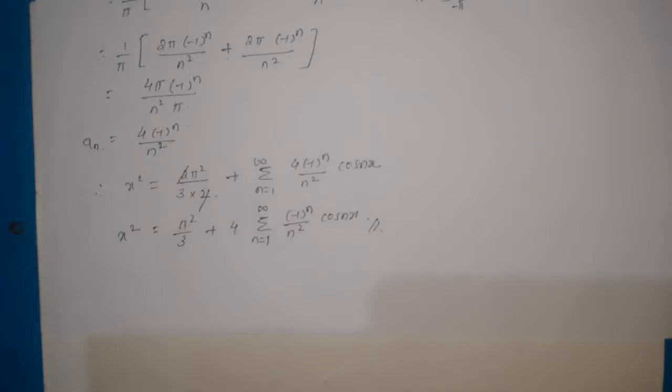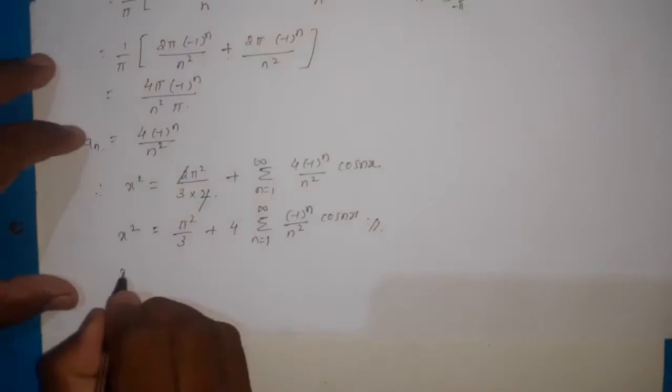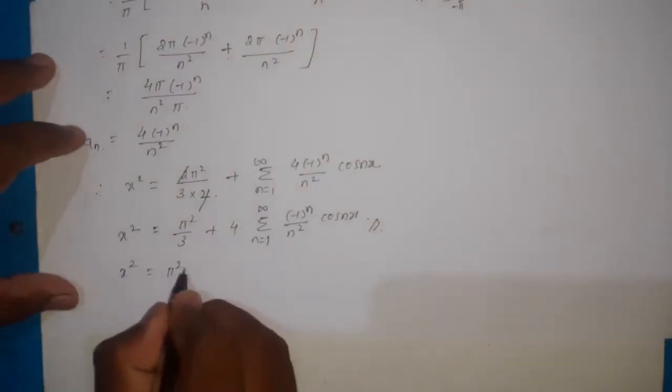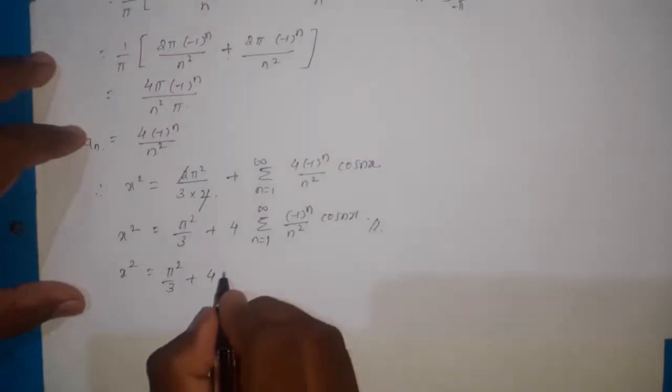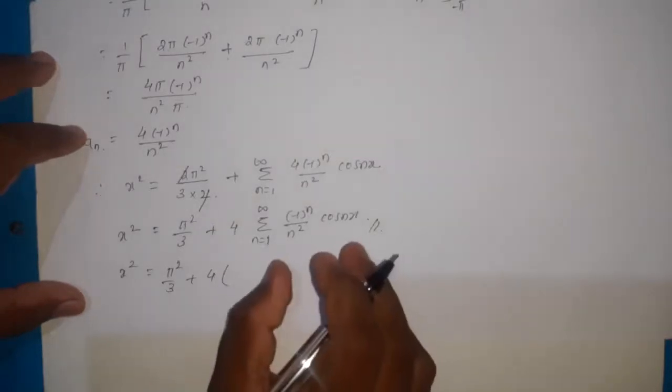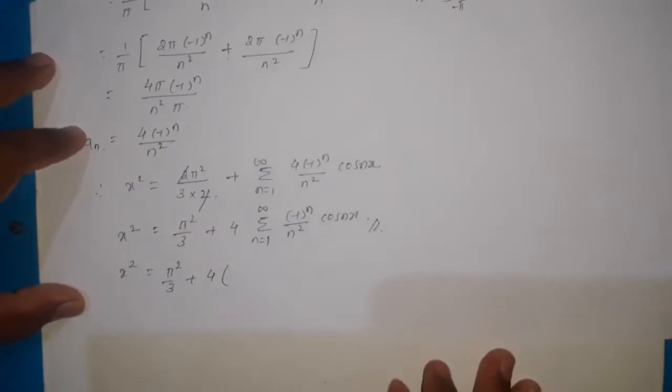Now to prove the required result, let us write this as x square equal to pi square by 3 plus 4. Here let us write this in the series form.